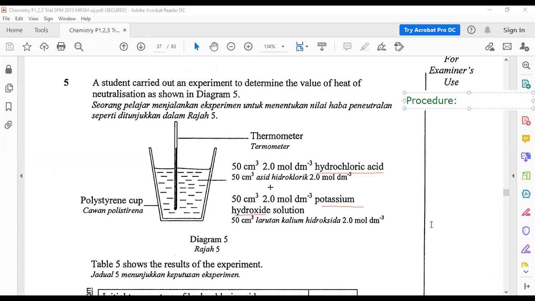Who will be the first one to share your answer for the procedure to determine the heat of neutralization? Any volunteer?